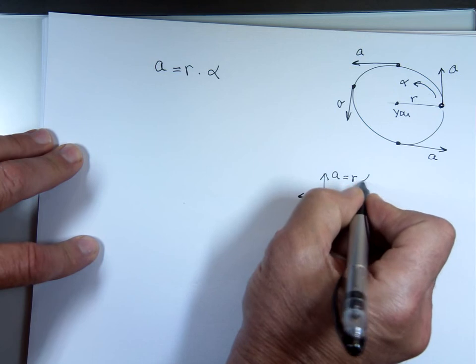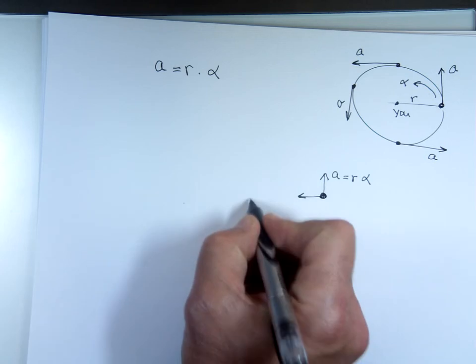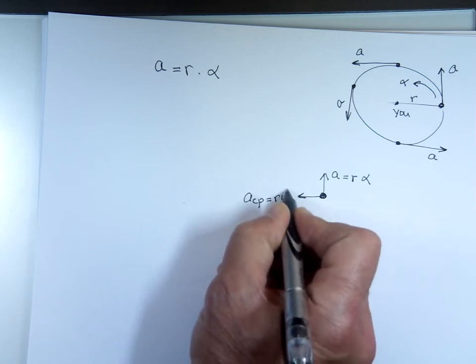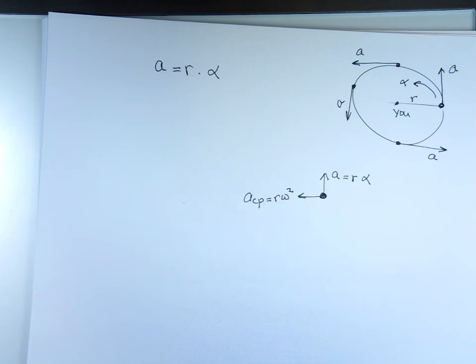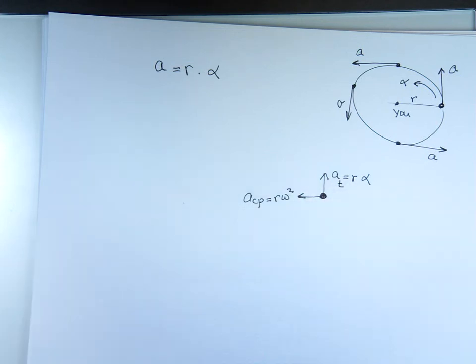It also has a centripetal acceleration, which is R W squared. We call this the tangential, actually, T. Tangential acceleration.